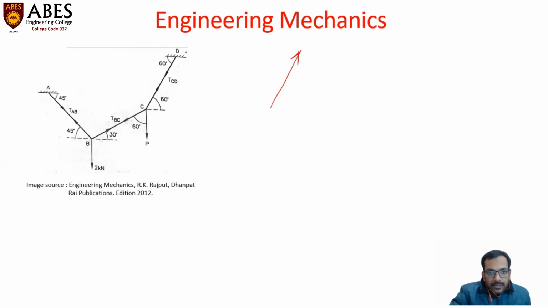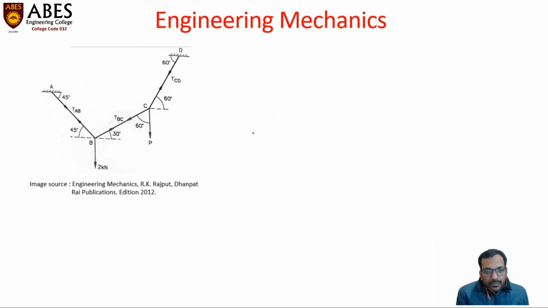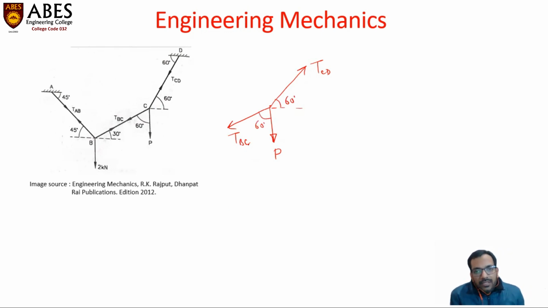This force is TCD. This force is TBC. And this is the vertically downward force P. This angle is 60 degrees, given in the diagram.